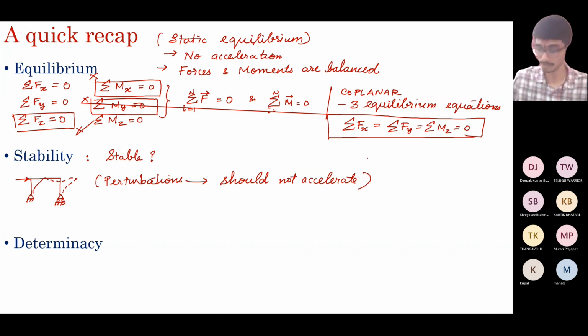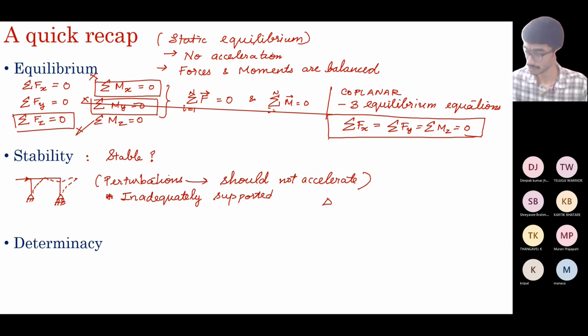So when does this happen? Basically, this happens sometimes if the structure is inadequately supported. That is, suppose you've considered this. If you take this beam, which doesn't have a support this side, if you apply a vertical load, it will accelerate, it will just rotate.